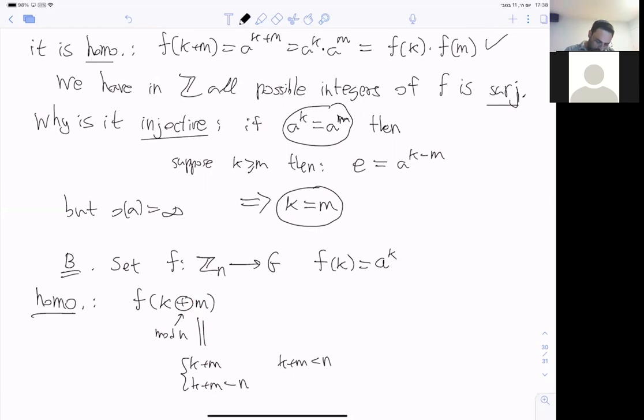But if K plus M exceeds N, which is possible, then it cannot have 2 times N. So this plus, which is modulo N, is just taking K plus M minus N. So this is the same thing as the residue. Is it clear?